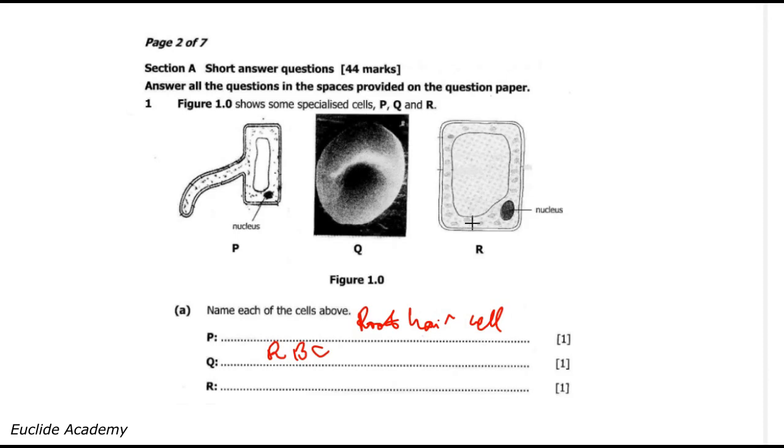In the internal structure of a leaf we find the upper epidermis and the lower epidermis, then the spongy layer and the palisade layer. This is where we find the palisade cell, so this will definitely be the palisade cell. The best way to tell is by those many little black dots in there. So this is question 1A.